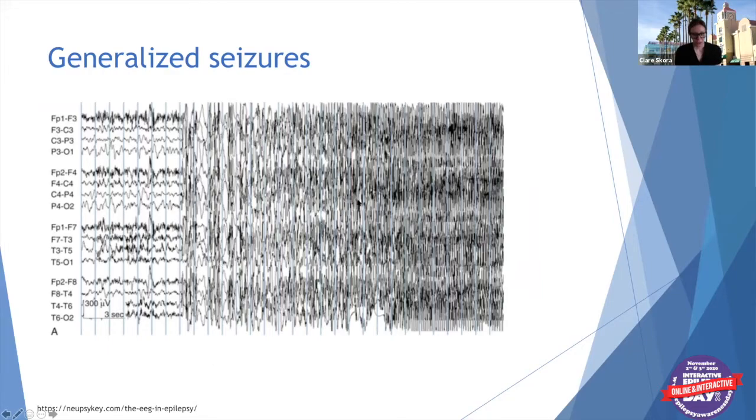We can use special tools to minimize the voltage, but usually in a very violent convulsive seizure, there's so much muscle artifact that we can't even make out a lot about the waveforms unless we do special things on our data to tune out the noise and look at it. But this is sort of what happens, and I just wanted to show you how abrupt the onset is and how it happens in every lead at the same time. And so that's an example of a generalized tonic-clonic seizure.